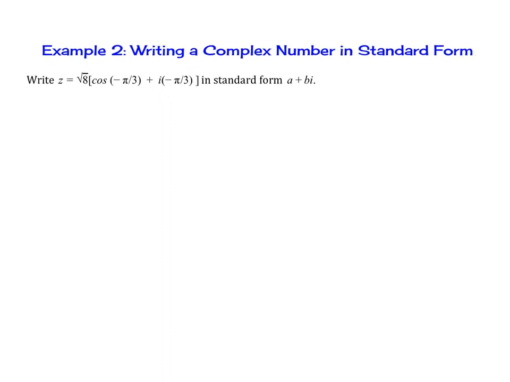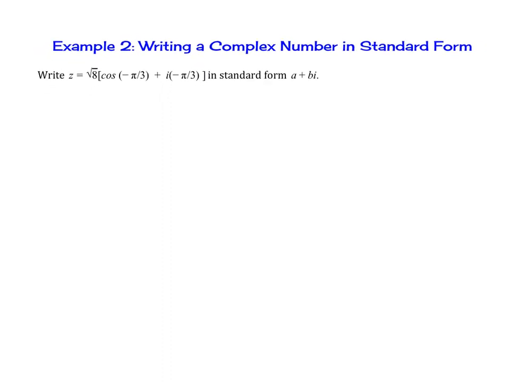Now let's write a complex number in standard form. So we're going to go back the other direction. Write z equals square root of 8 times cosine of -pi over 3 plus i sine of -pi over 3 in standard form, a plus bi. So we need to identify what we can find here. What is cosine of -pi over 3?